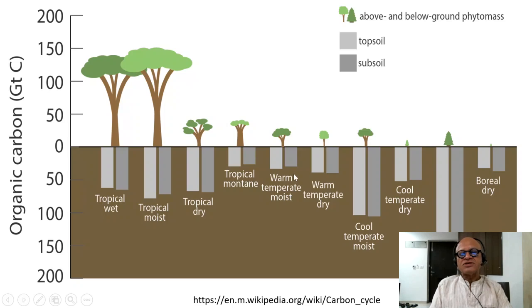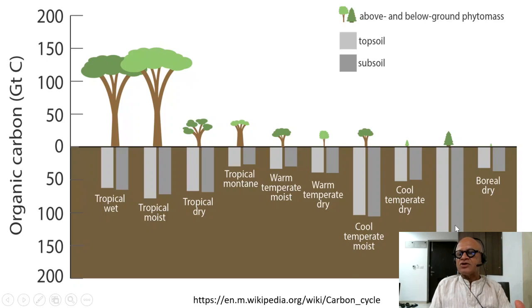Tropical montane ecosystems, warm temperate moist, warm temperate dry, cooler temperate moist. Respiration rates get smaller and smaller as temperatures go down. With global warming, this is something we have to worry about. Cool temperate dry, much smaller than moist.